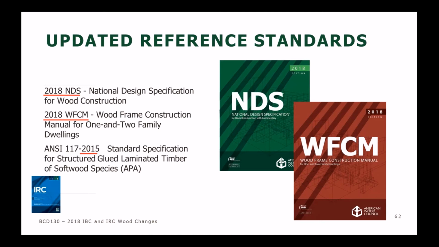The standard specification for structural glue laminated timber is unusual only in that for those who are architects or building officials, you're accustomed to looking at A117, which is the same number but happens to be for accessibility. And we actually have a standard that comes from an entirely different group with that same number. So just a little strange to see.